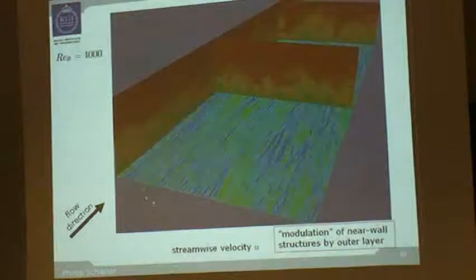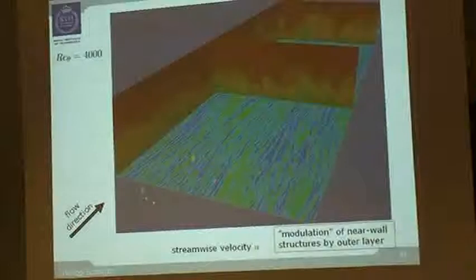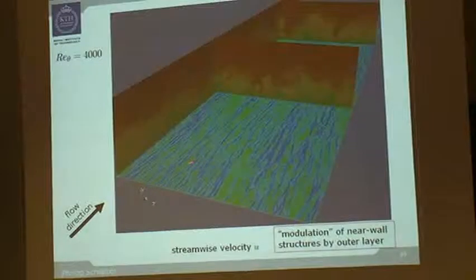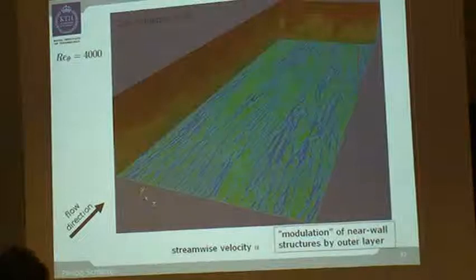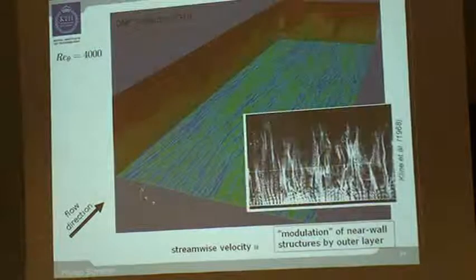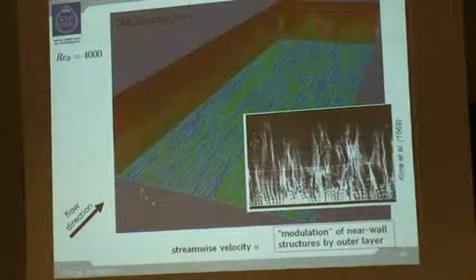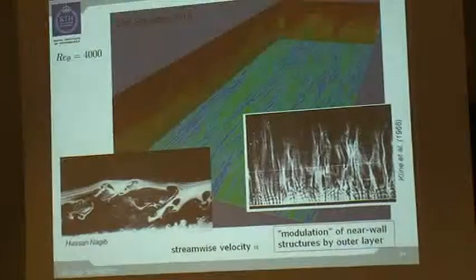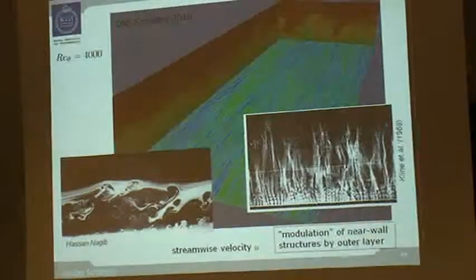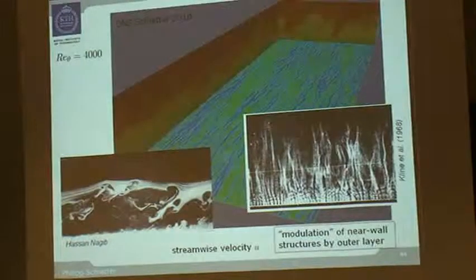Now essentially we see all these structures that we talked about: the streaks, alternating blue and yellowish structures. And here a comparison to the experimental picture. And if we compare the side view, of course, it is also very nice to use numerical simulation.